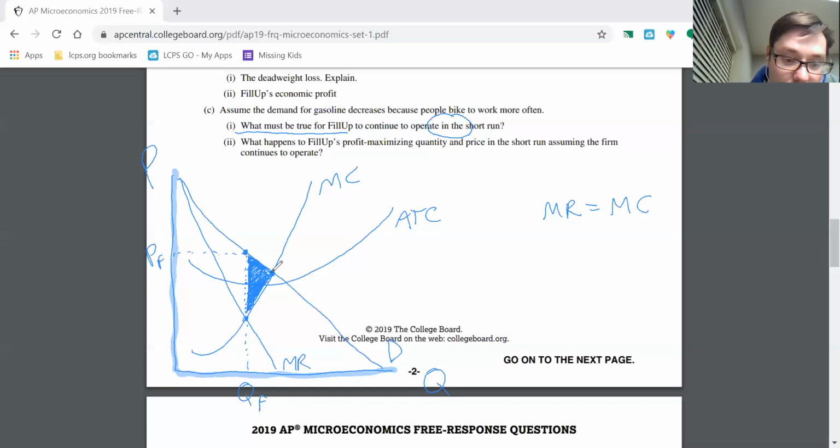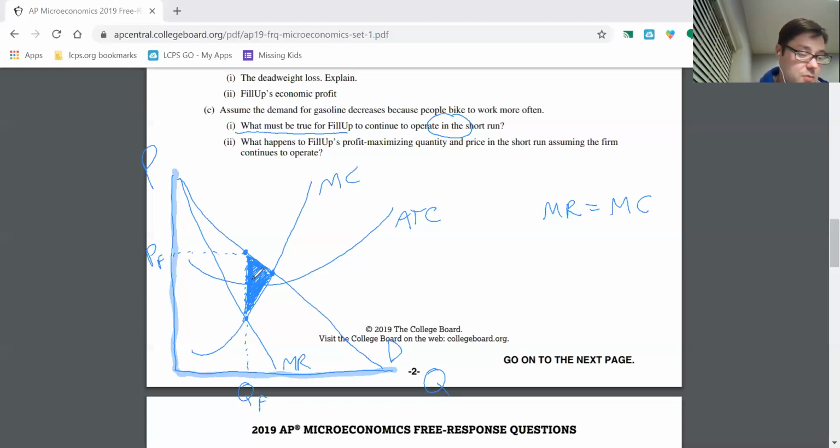All right, that's about as good as I can shade, all the way up to this point, or this line. So you see, society, consumers for sure, would be much better off if Fill Up produced at a quantity that was higher and a price that was lower, right? So that's why that area in there becomes the deadweight loss to society.